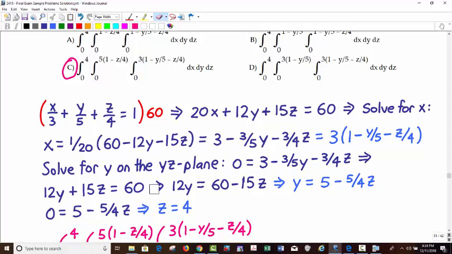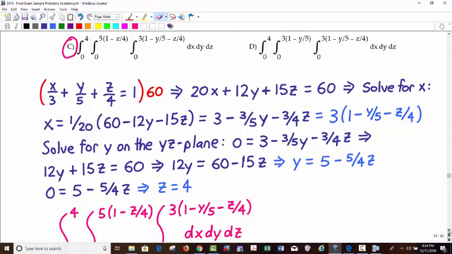And then we have this equation, got rid of the fractions, solve for Y in terms of Z. So that'll be my middle limits. And then divide by 12, which gives you 5 minus 5/4 Z. Okay, they got cute there and factored out the 5 from this. There's nothing wrong with this, but to match that, it needs the 5 factored out.